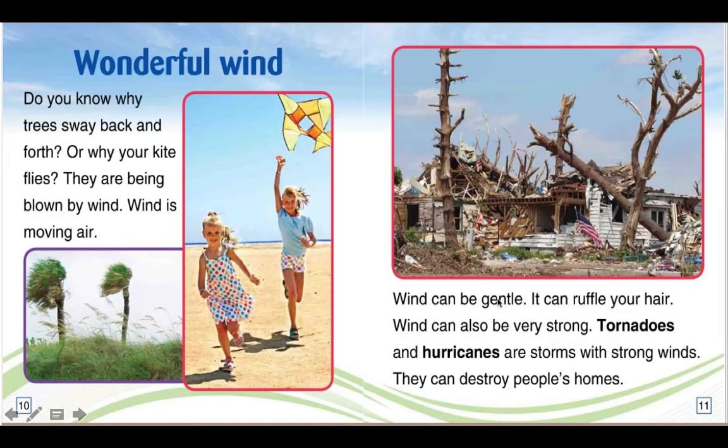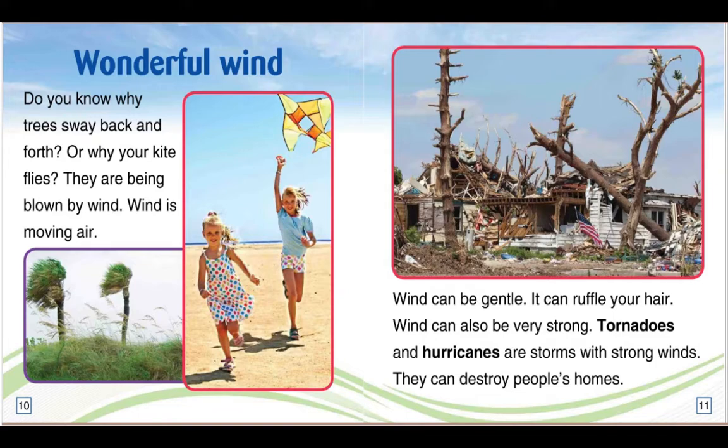Wind can be gentle. It can ruffle your hair, just like the hair in the pictures here. Wind can also be very strong. Tornadoes and hurricanes are storms with strong winds. They can destroy people's homes. So go ahead and pause, and I want you to tell your partner one or two things that you learned from this section about wind.